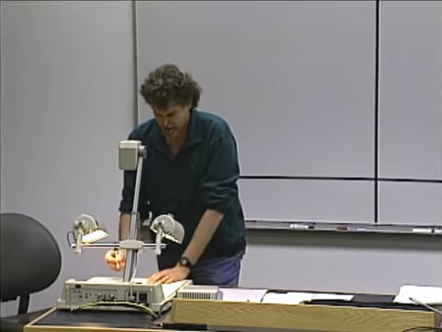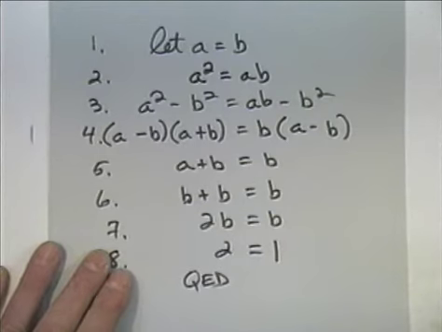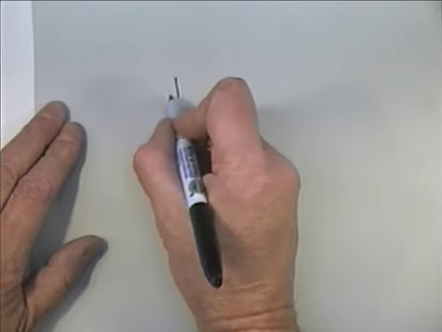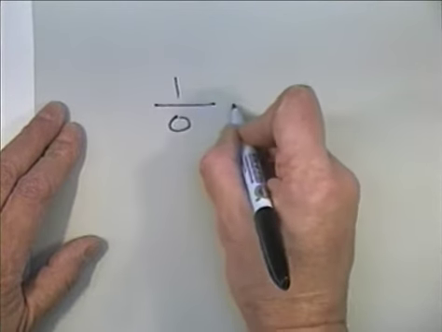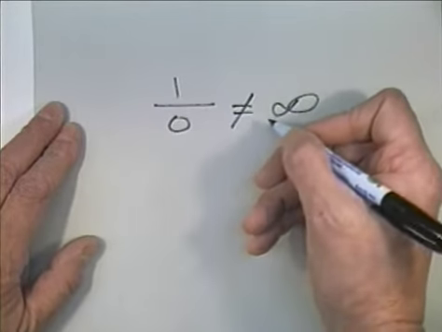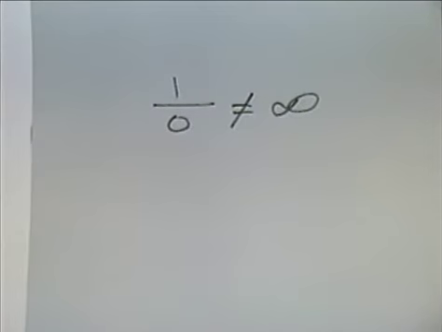In other words, in math, and this is really quite important, this is false. I put that line in there to say that this is not true. 1 over 0 doesn't equal anything. It doesn't equal infinity. It's just not defined. And the reason it's not defined is something you've just now seen.